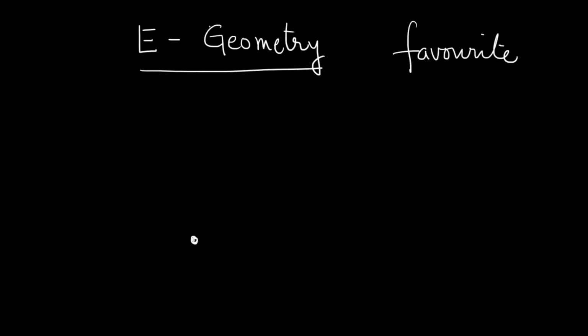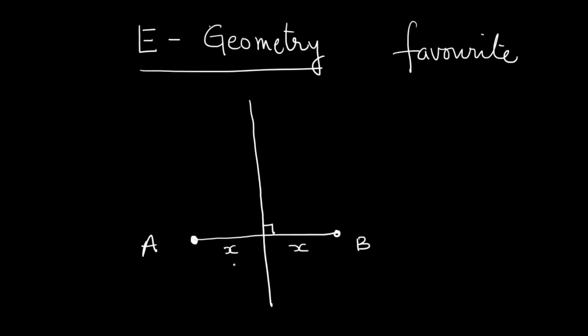It says that you pick up any line segment AB and you drop a perpendicular bisector onto this line, and let's say this is a perpendicular bisector in the sense that these two pieces are the same length.